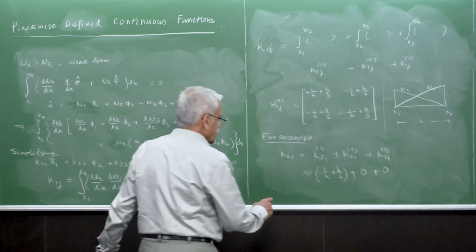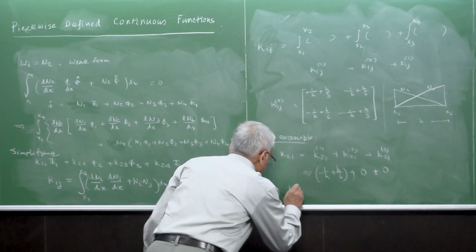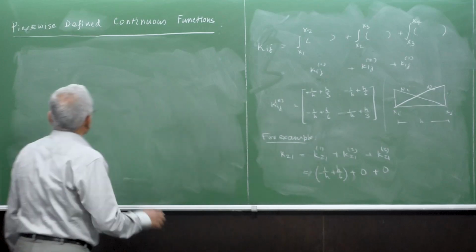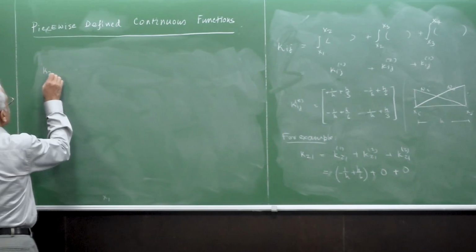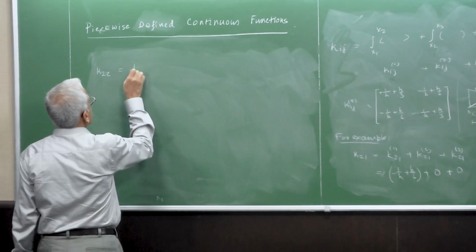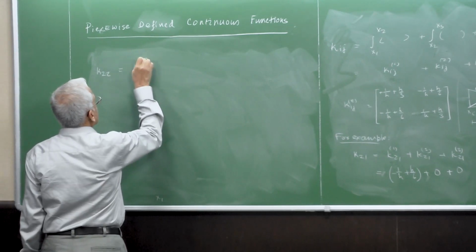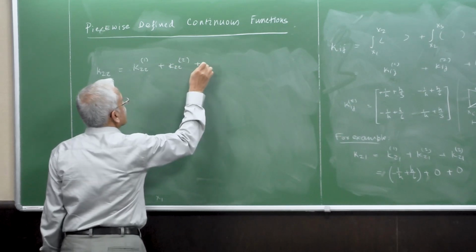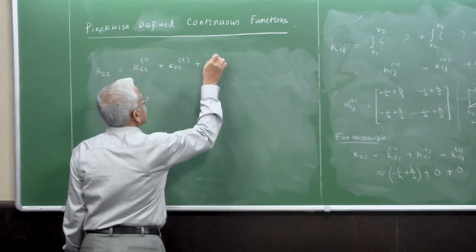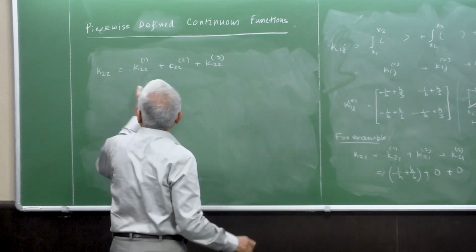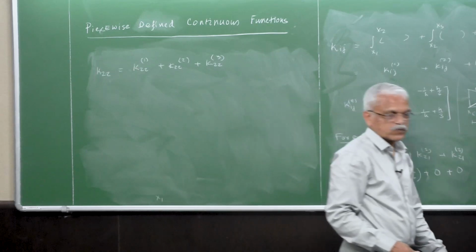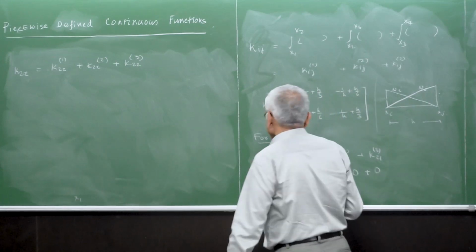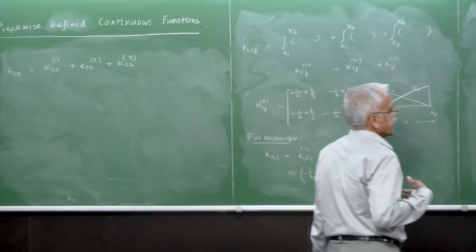So can we find out K22? If you look at K22 of the overall thing, it is a contribution from element 1, element 2 and element 3. Everything is only 2 and 2. Both the weighting function is N2 as well as the trial function, so phi 2 is N2 itself.